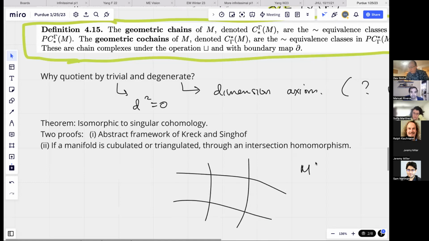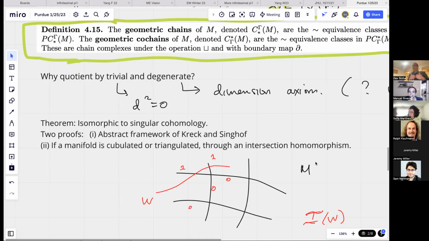And then if I've got a submanifold, or again, a proper manifold W, if it's transverse to the cubulation, then I can define I of W as a cochain, which, in this case, I'm going to do mod 2, is going to have value 1 on these guys, and it's going to have value 0 everywhere else, unless somehow it intersects somewhere else.